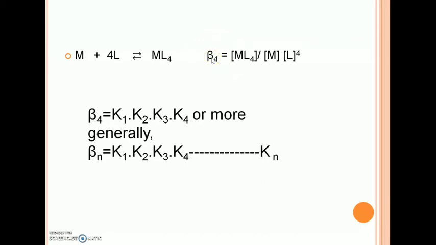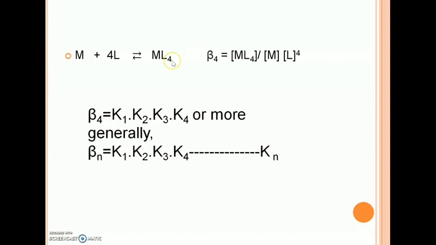This beta is called the overall stability constant. K1, K2, K3 are called stepwise stability constants, and if the reaction is written in a single step, then the whole stability constant is called the overall stability constant, represented by beta.